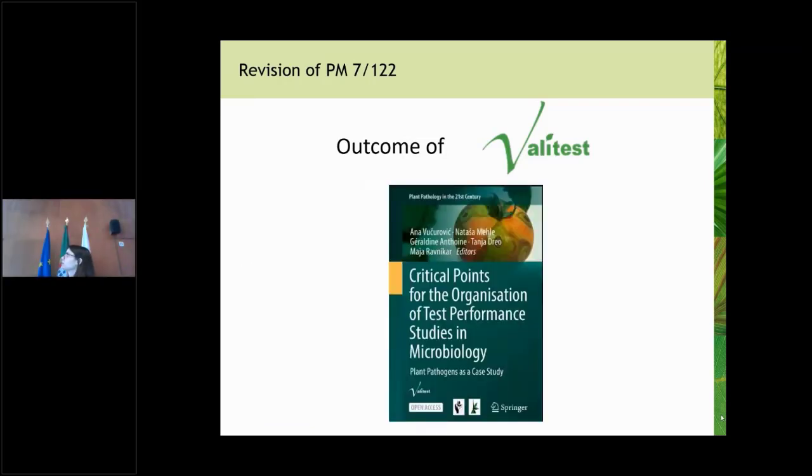All this knowledge has been used to publish a book, which is a critical point for the organization of test performance studies in microbiology. This book is free access, so if you're interested, you can have a look. Of course, all this is about TPS, but some of the points that are relevant for TPS organization are also relevant for proficiency test organization.